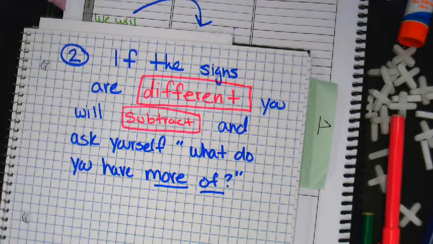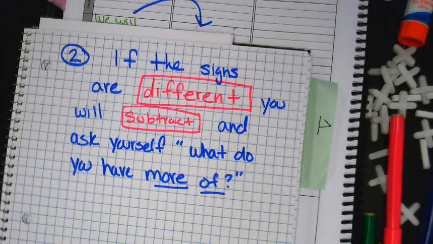Which number is the alligator going to eat? The 1, right? The alligator eats the bigger number. So this is why you can't tell me negative 10 is bigger. You've got to get that out of your system.